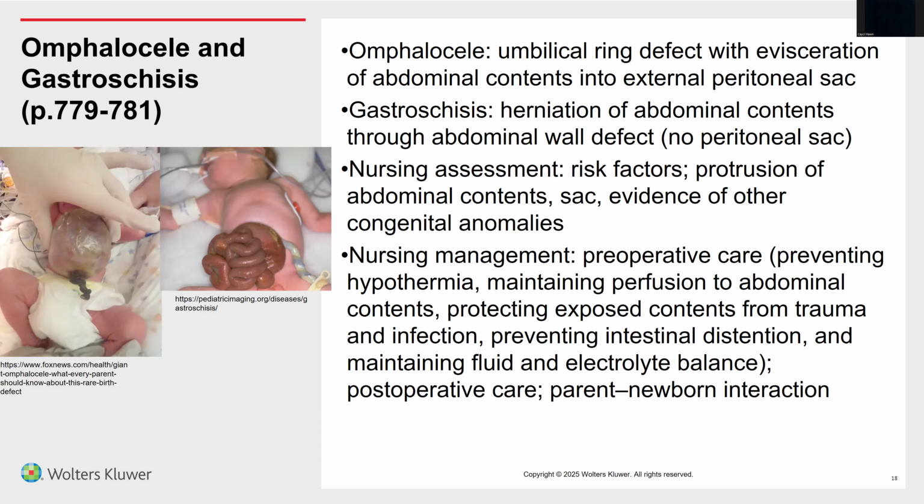We're going to be looking at the risk factors. Look for the protrusion of the abdominal contents. Is there a sac present? Are there any other obvious congenital anomalies? And also, we may need to be doing some testing for those other congenital anomalies.